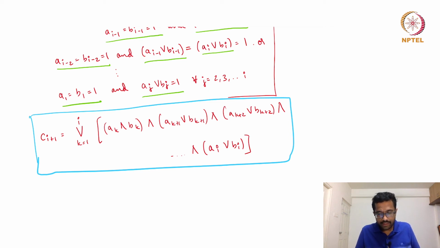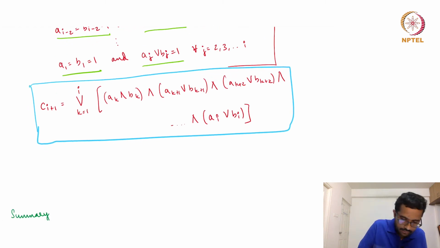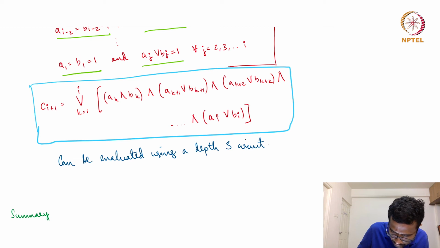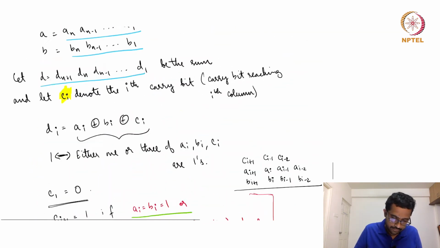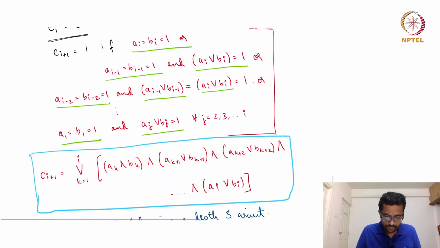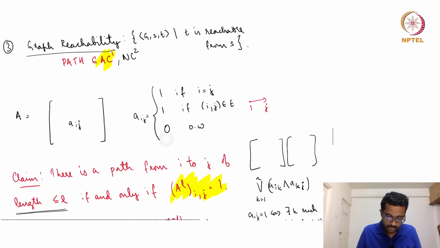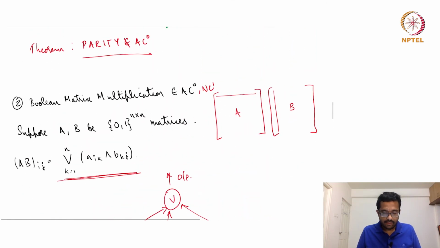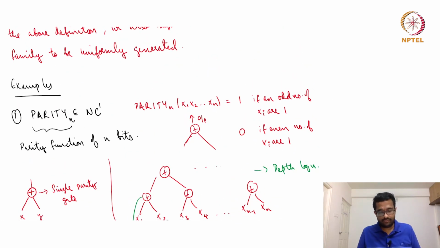So we will get a depth 3 circuit for this, so this can be evaluated using a constant depth circuit of ANDs and ORs. So it is in AC0, which is what we had claimed. So addition is in AC0, Boolean matrix multiplication is in AC0, graph reachability is in AC1, and parity is in NC1.